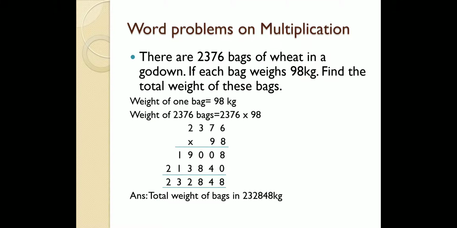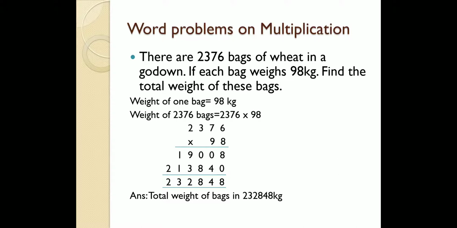There are 2376 bags of wheat in a godown. If each bag weighs 98 kg, find the total weight of these bags. So now in this word problem, you can see that the weight of one bag is given. You have to find the total weight of 2376 bags.